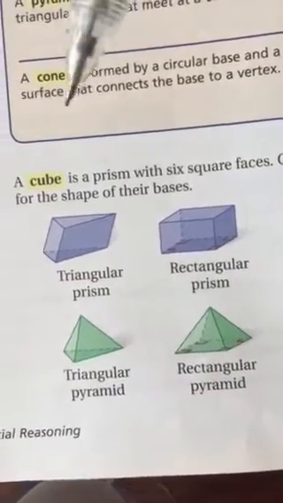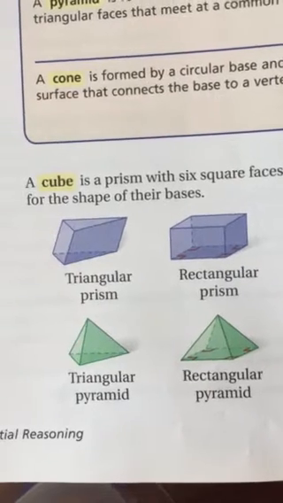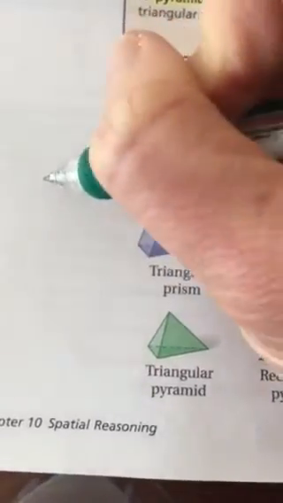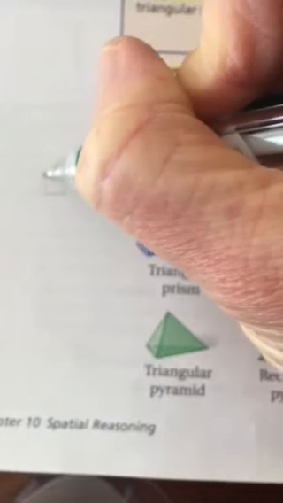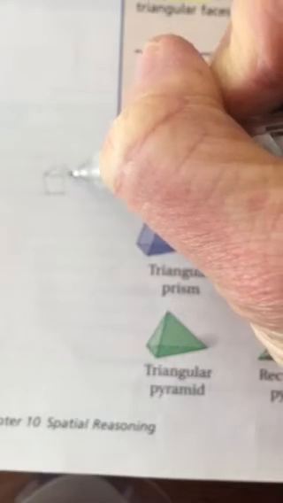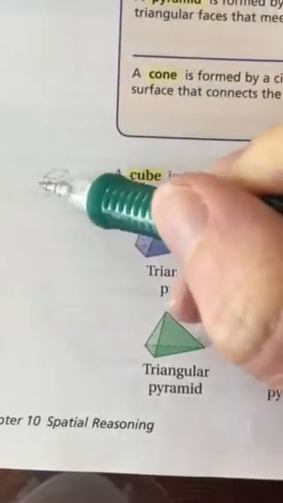A cube is a prism with 6 square faces. We're just going to start with that information for a second. So a cube, you know what a cube is. A cube is a square. I'm trying to be careful to actually draw a square. That has also a square matching it on top and then square sides.